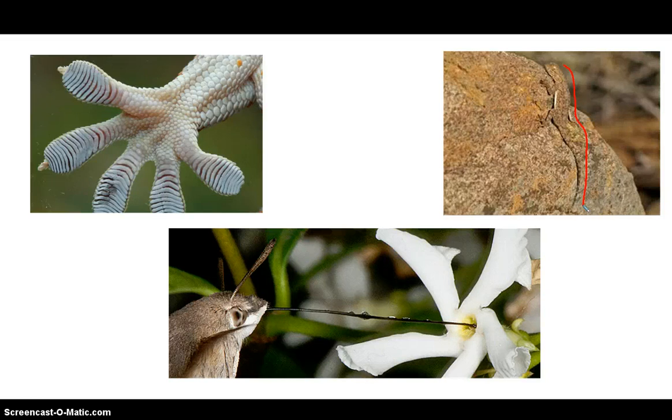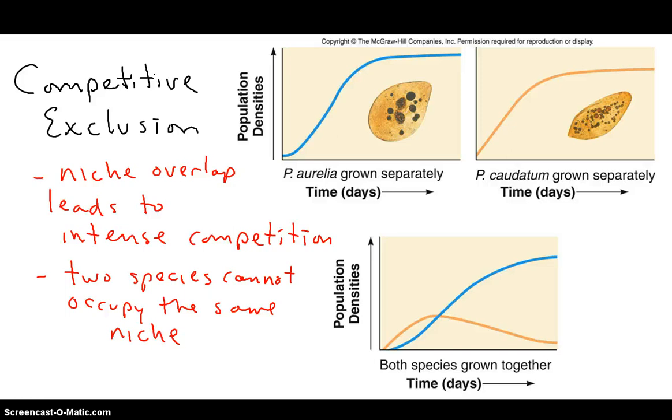And down at the bottom, this is a hawk sphinx moth, and you can see that its mouth parts, the proboscis, right here, are incredibly long, which allows it to get the nectar out of tube-shaped flowers. So it's become very specialized, and over many, many generations of mutations, they have become very adapted to certain types of flowers. So it allows it to survive better in the competition.